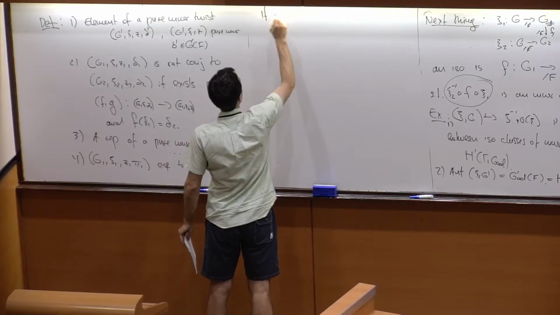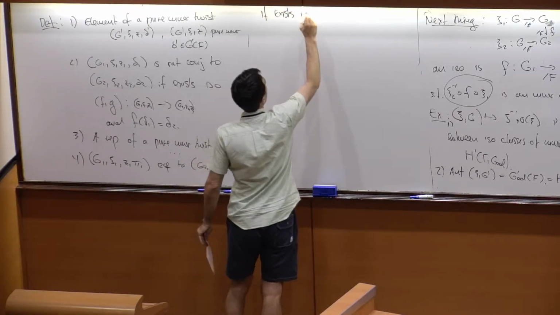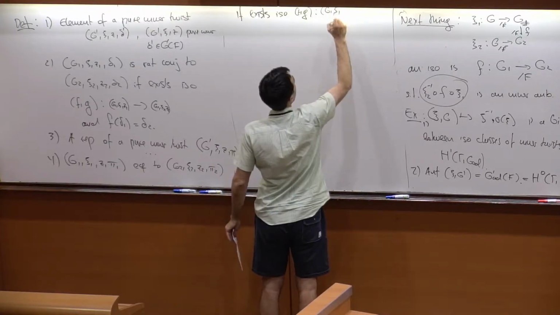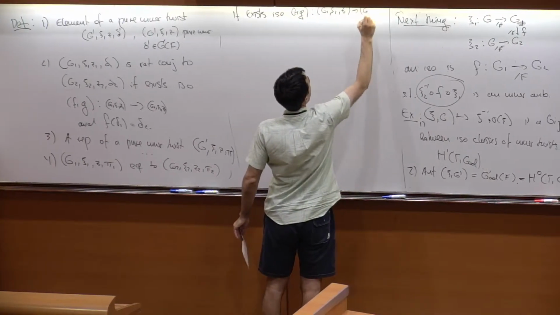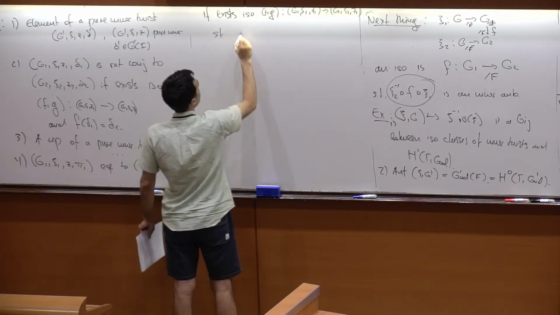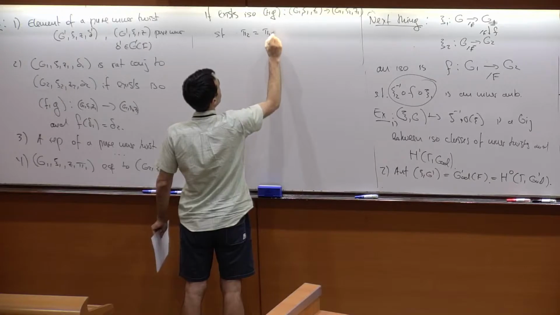So there exists an isomorphism F comma G from the one to the other pure inner twist, sending the one representation to the other. Pi2 is pi1 composed with F.